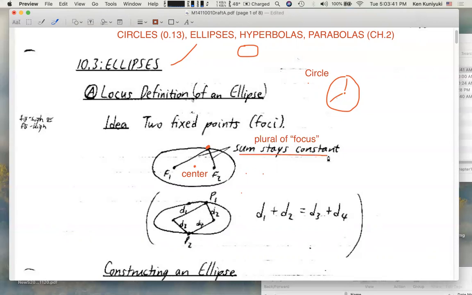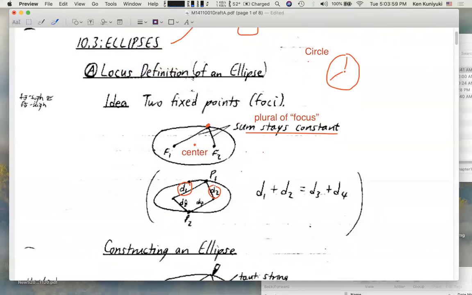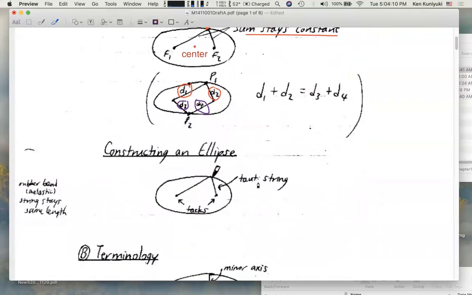The sum stays constant. So for example here, d sub 1 plus d sub 2, the point here has sum of distances from the foci, same as for this point over here. Okay, for this point P2, d sub 3 plus d sub 4, the sum in purple is equal to the sum in red.